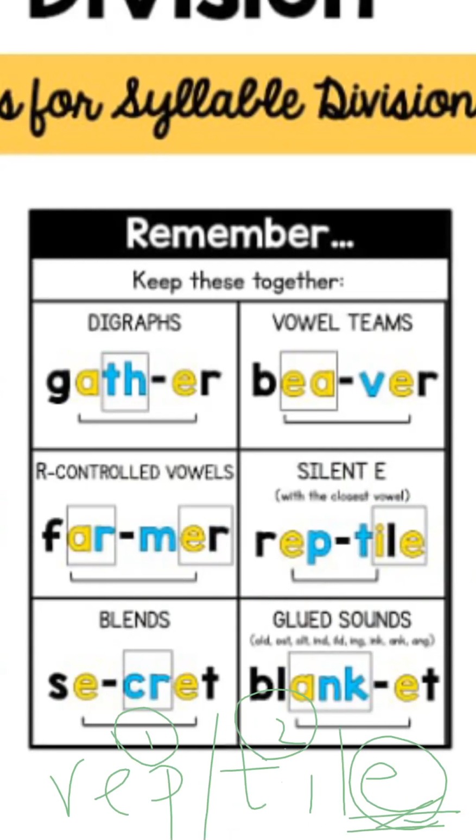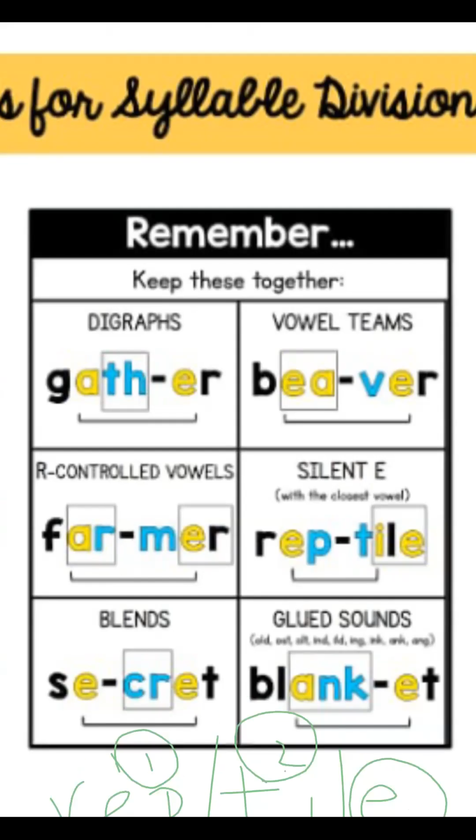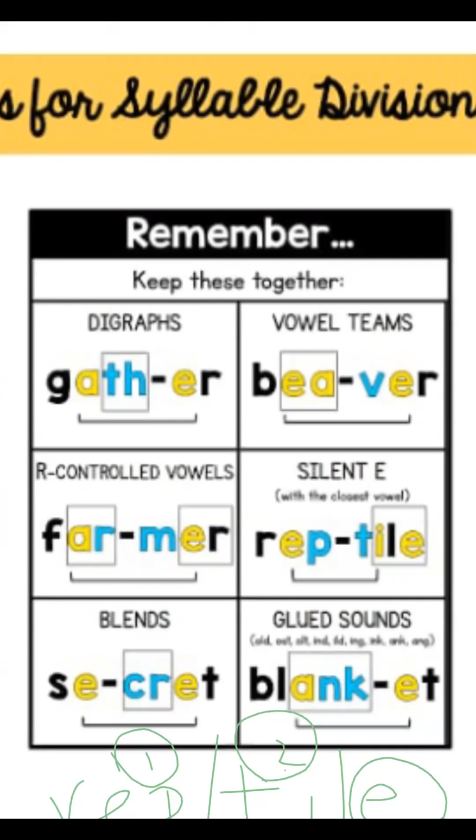Normally we say that the number of vowel sounds is equal to the number of syllables. But here we know that this E is silent, it's a magic E which is changing the short sound to a long sound. So you do not have to take E as a separate syllable, because it doesn't have any sound.